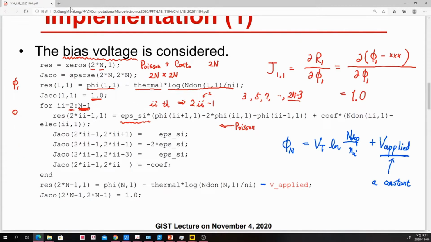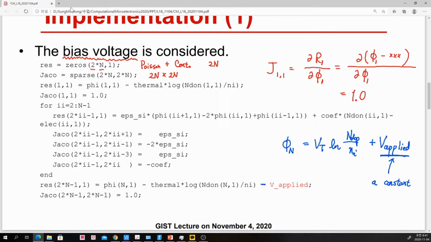Of course, if we apply non-zero bias voltage to the left contact, then we have to change one component of our residue vector. So I think that is the only thing we have to change for our code.